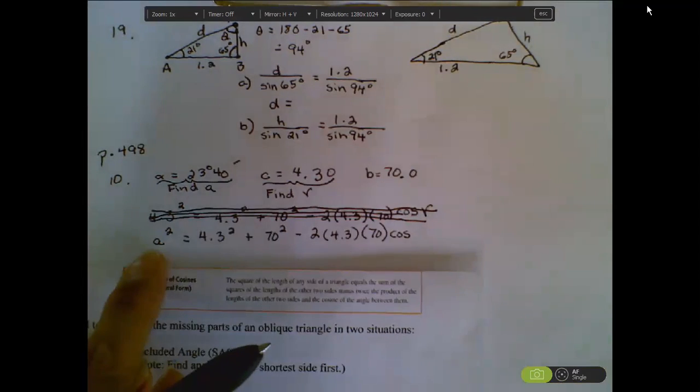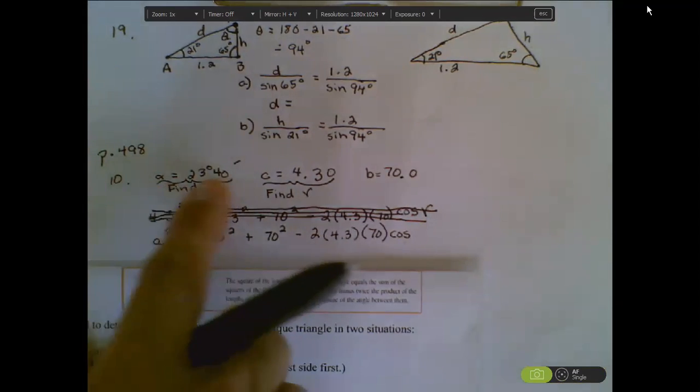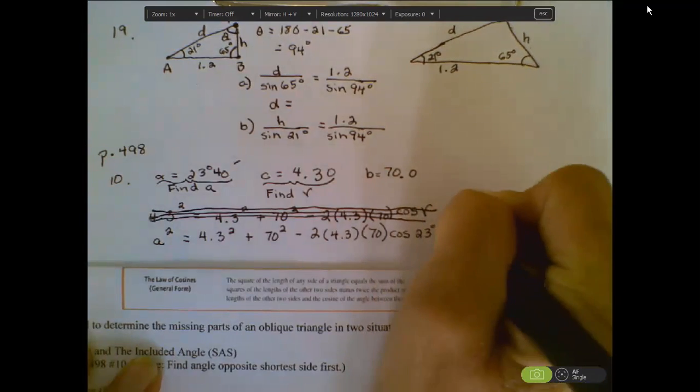And the angle between them, if I have A on the left-hand side, then I'm going to have cosine alpha on the right-hand side.